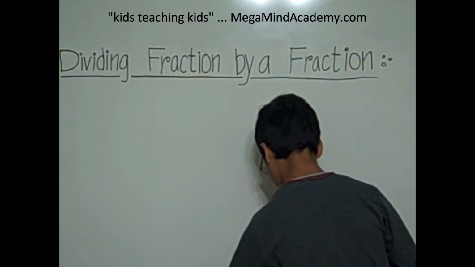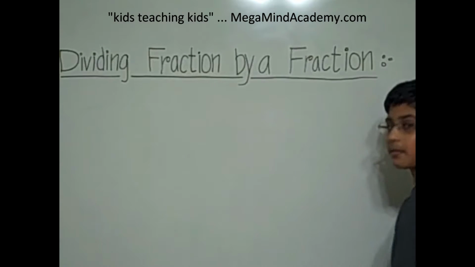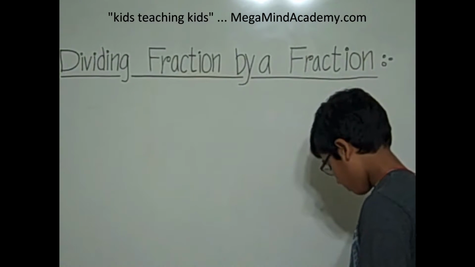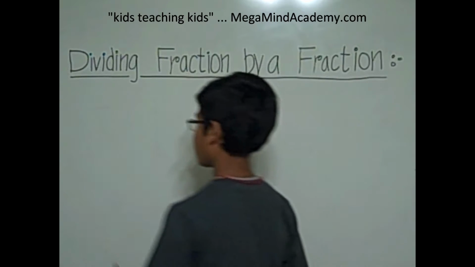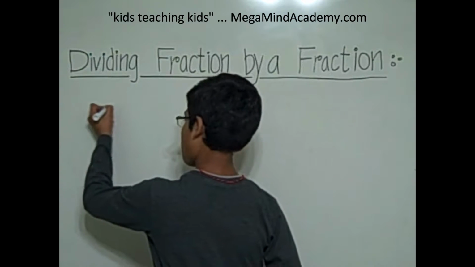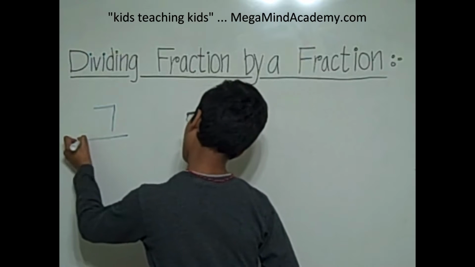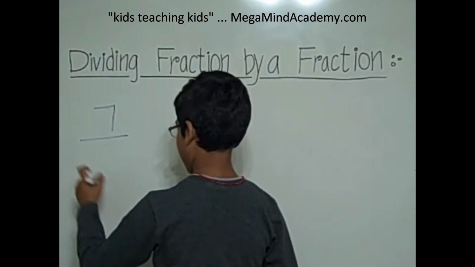So let's say we have a division problem like this. 7 over 10.